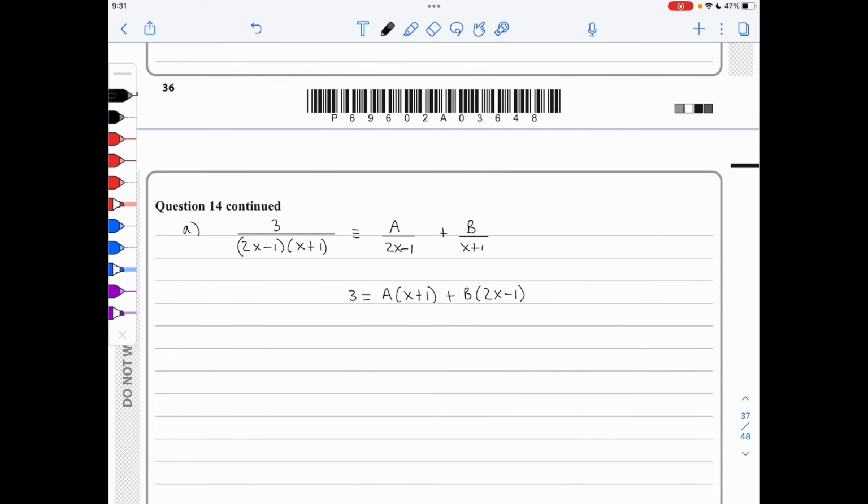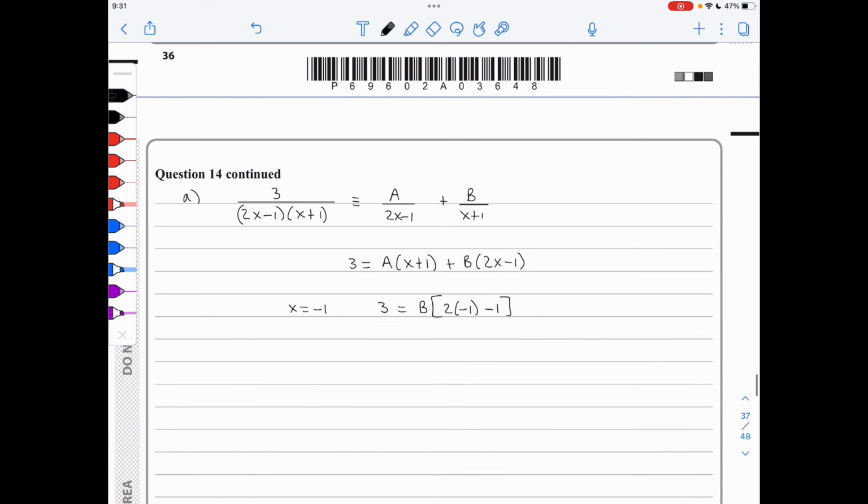And since this holds true for all values of x, I can choose any value of x I want. If I set x to be -1, we see that 3 is equal to B times 2 times -1, because the x + 1 became 0, so A was eliminated from this equation. So this leads to 3 is -3B, and therefore we've got that B is -1.